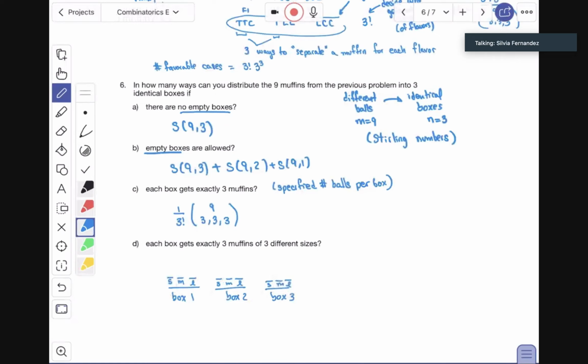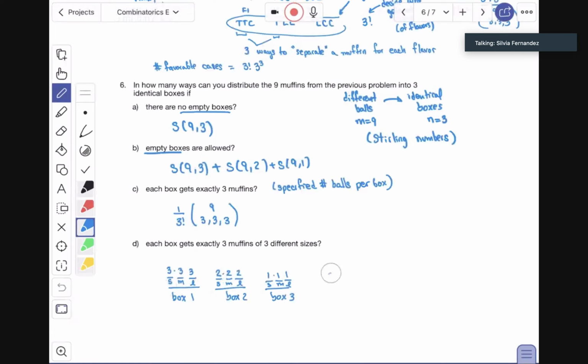So if the boxes were different, I have 3 possibilities to select the small one for box 1, 2 possibilities to select the small one for box 2, and 1 possibility for the last one. And same thing for the medium ones, and same thing for the large ones. So I'm distributing separately per size as I did earlier. That's 3 factorial, but 3 times, once for each size.